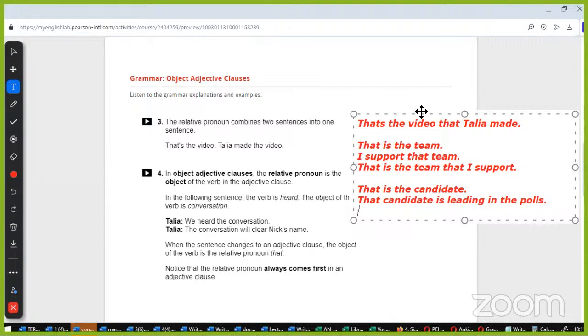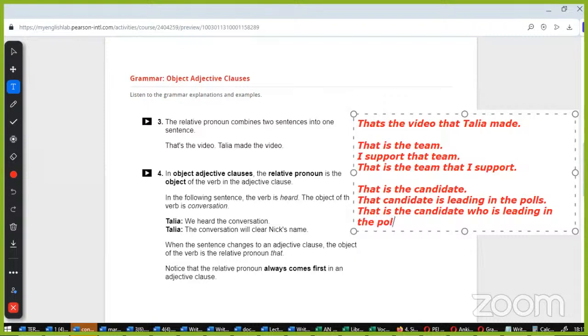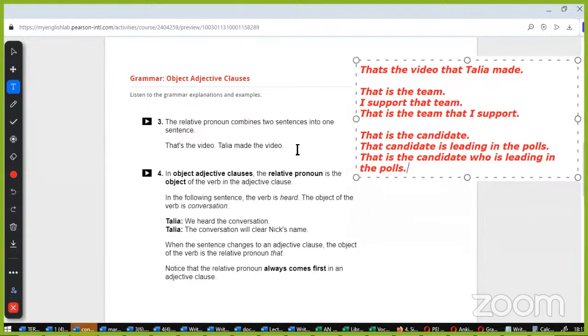That is the candidate who is leading in the polls. Great job. Okay, so in this case, the object adjective process, the relative pronoun is the object.